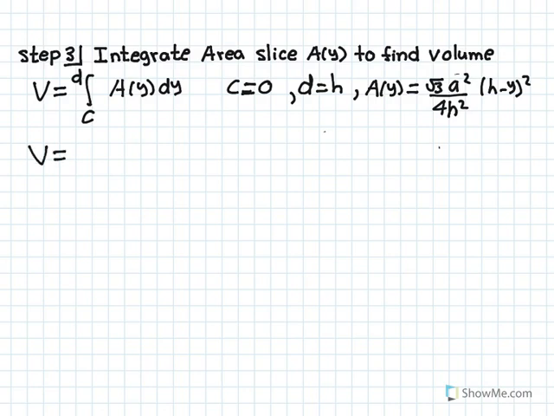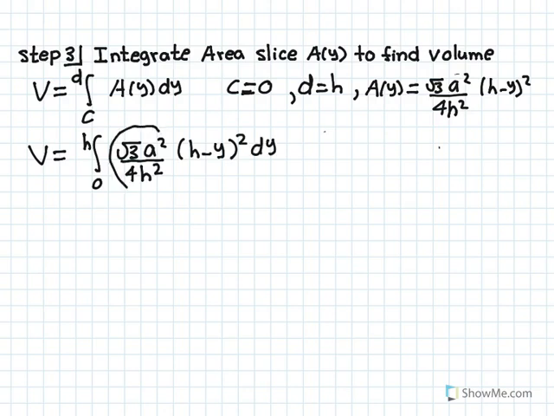So the volume is the integral from 0 to h of root 3 a squared over 4h squared times (h − y) squared dy.